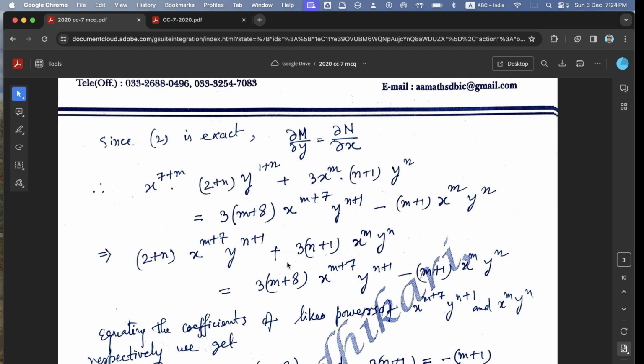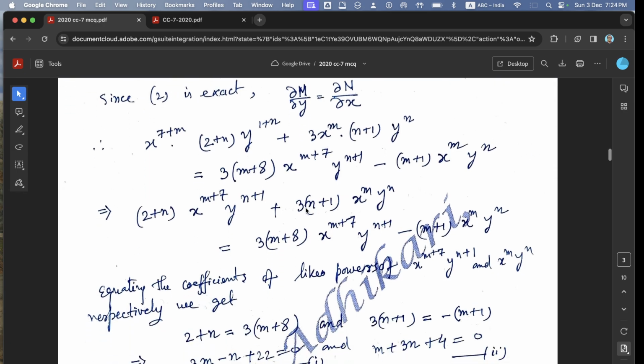So on the left hand side and the right hand side we have the common factor x to the power m y to the power n, and equating the coefficients of like terms of x to the power m plus 7 y to the power n plus 1 from both sides, we get 2 plus n equal to 3(n plus 8), and 3(n plus 1) equal to minus (m plus 1).